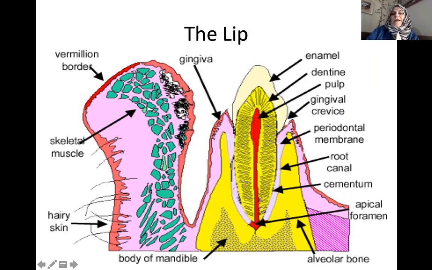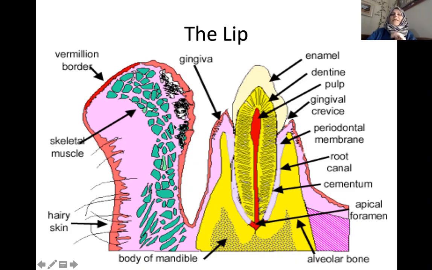This is what will distinguish it in the slide. The characteristic feature of the internal surface is the minor salivary glands, while the characteristic feature of the external surface is the hair follicles. So when I look at the slide and see hair follicles I know this is external, and when I see minor salivary glands I know this is internal, and in between I will find the vermilion border.